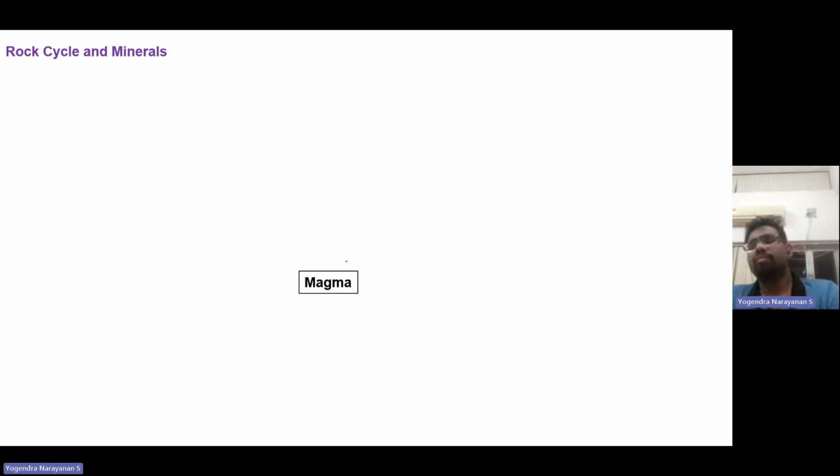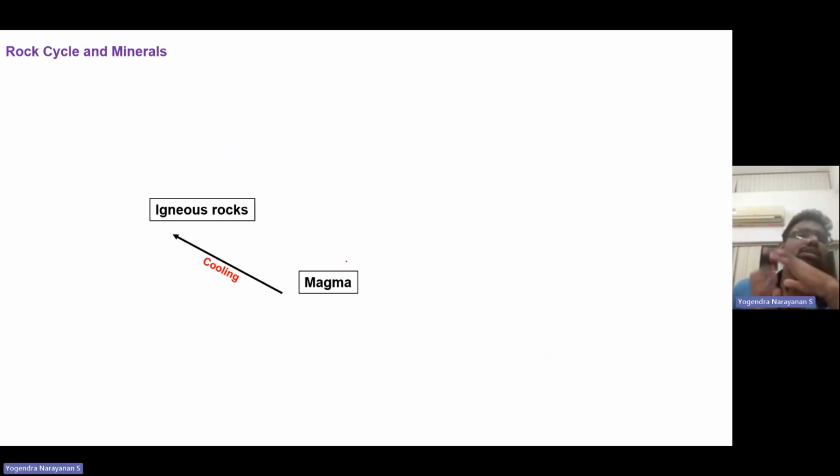So initially from magma, we know that from deep inside the earth, the cooling of magma results in igneous rocks. Right now, we need not go into what igneous rocks mean.